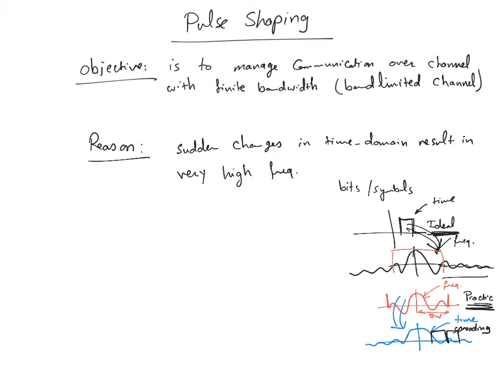And each one of those is going to be spread around like this. So what happens is what we call inter-symbol interference. So that's ISI. Basically bits overlap with each other, causing errors in detection, of course, right?